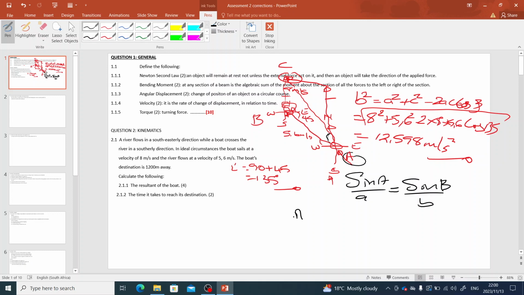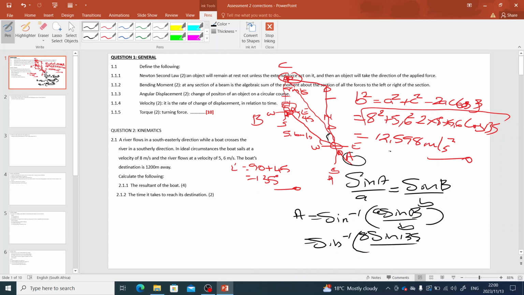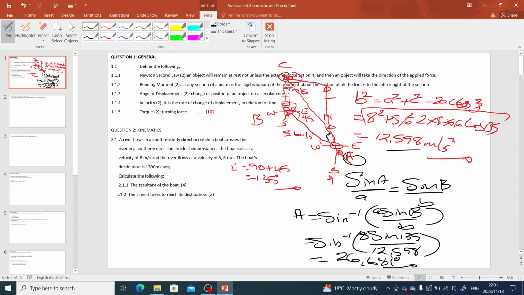Then our angle A would be the inverse of sine of (8 multiplied by sine 135 divided by 12.598). Then I get my answer as 26.681 degrees.